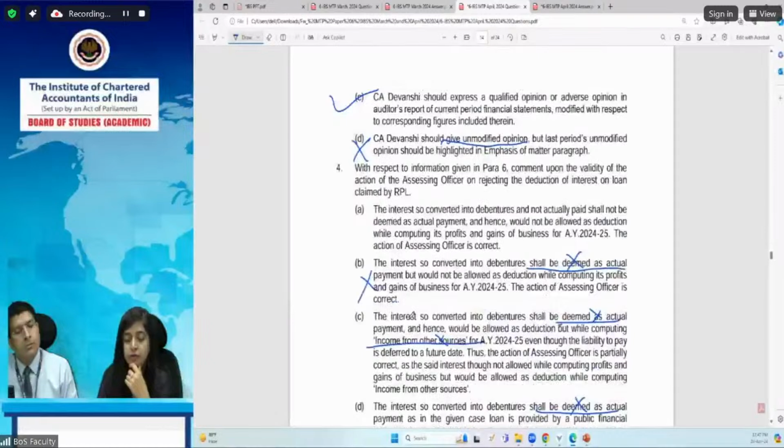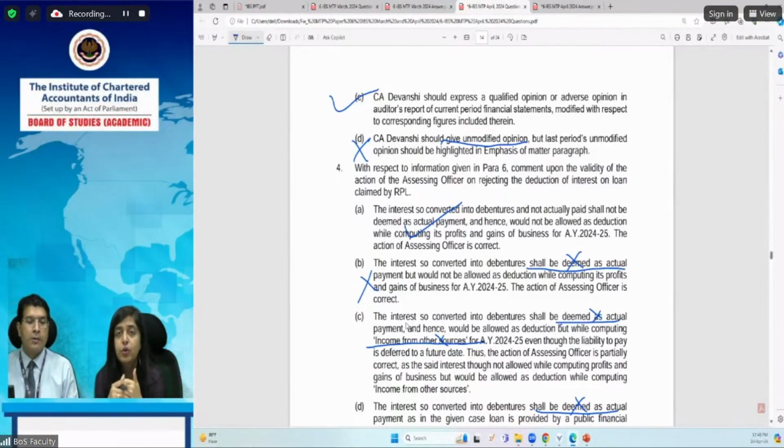Now move to option A. The interest so converted into debenture and not actually paid shall not be deemed as actual payment and would not be allowed as deduction. So the action of the AO is correct. Okay, but in the MCQ portion, students, read all four options very carefully.